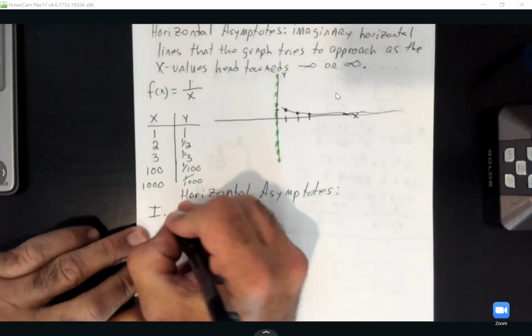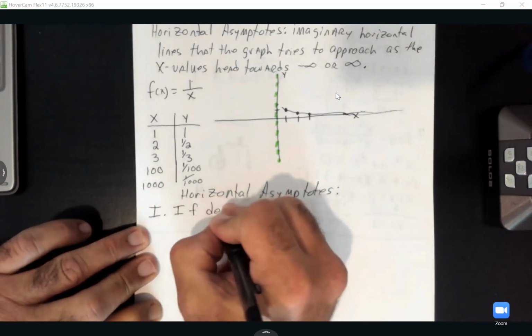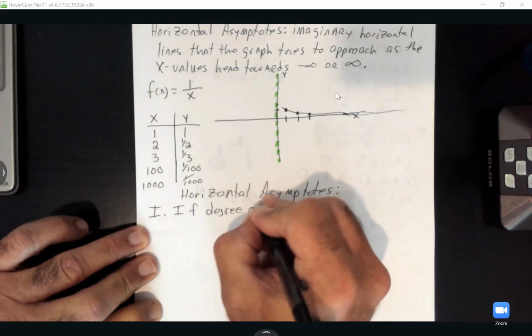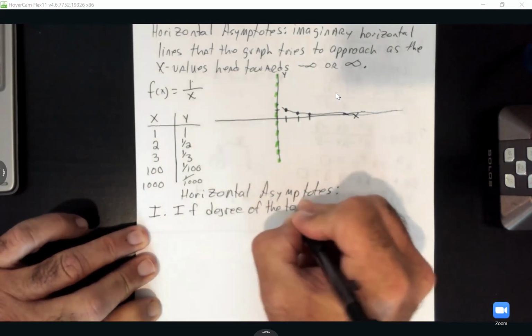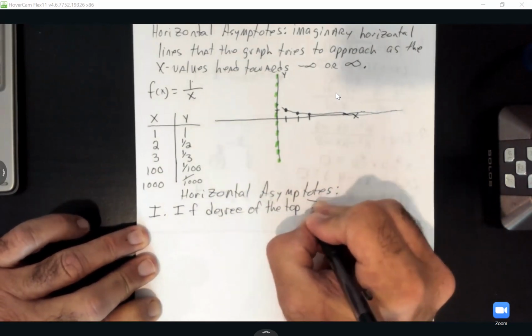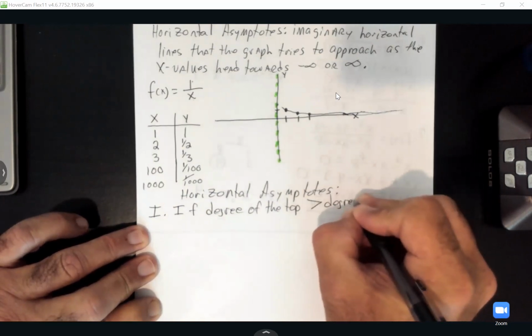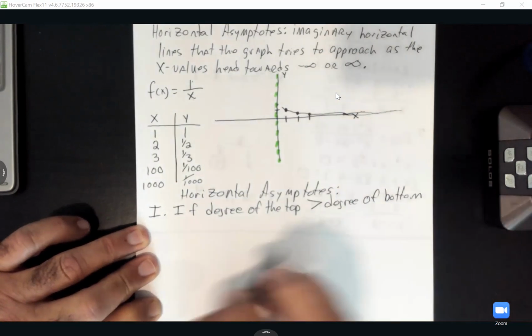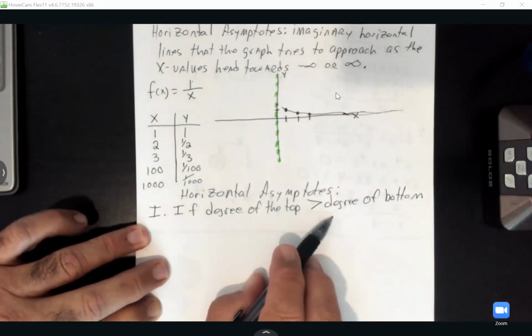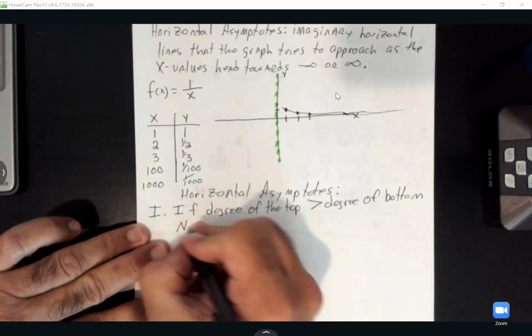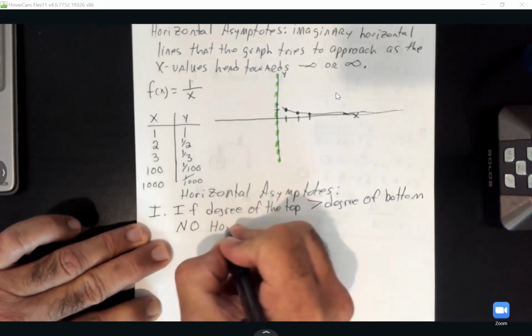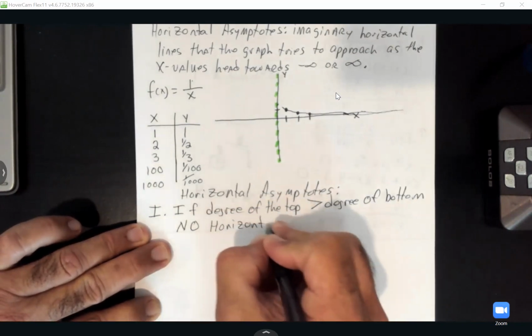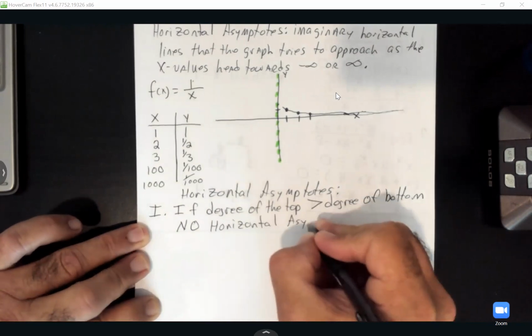Now, if the degree of the top is greater than the degree of the bottom, well, if the top is a higher degree than the bottom, this is the only case where there is no horizontal asymptote.